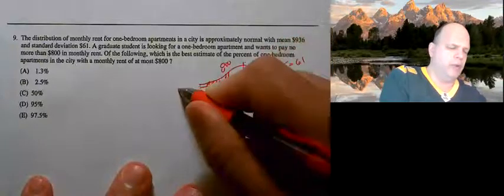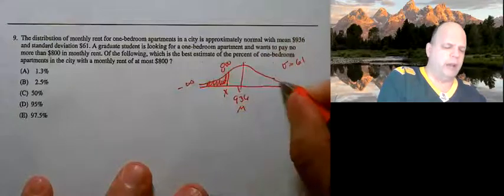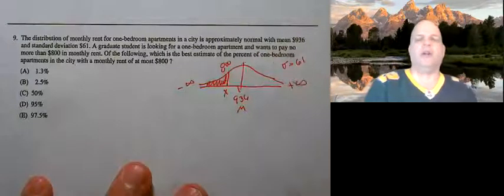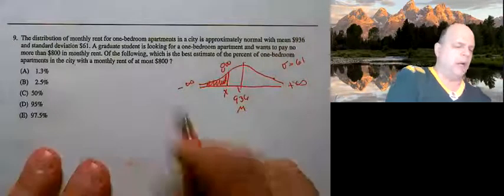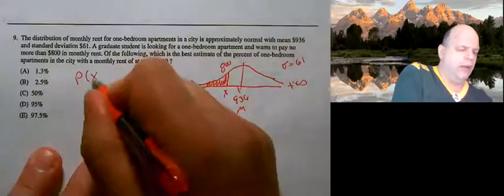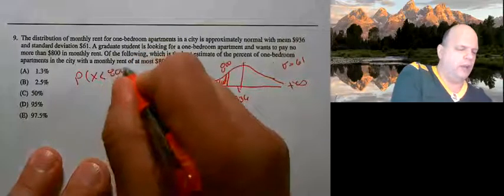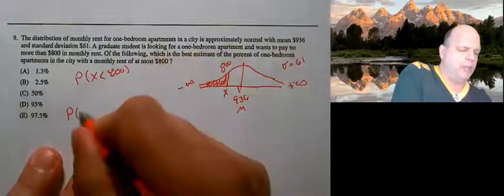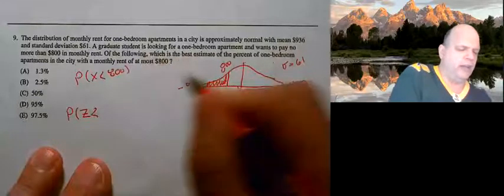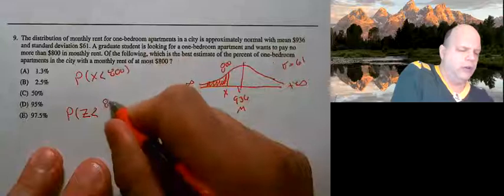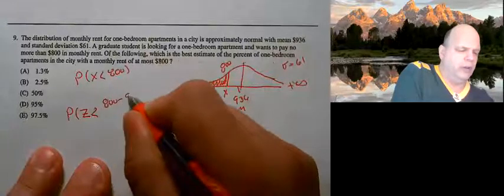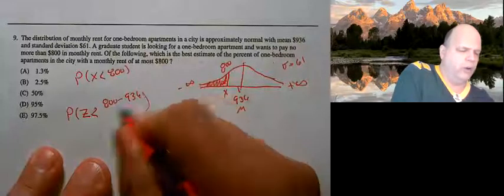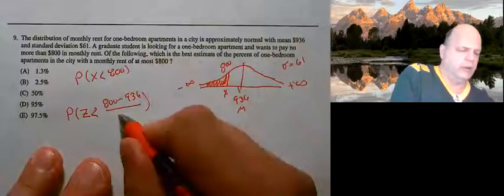So remember, this goes to negative infinity and positive infinity in a theoretical nature. So we want the probability that X is less than 800, which is a probability that Z is less than (800 minus 936) over 61.